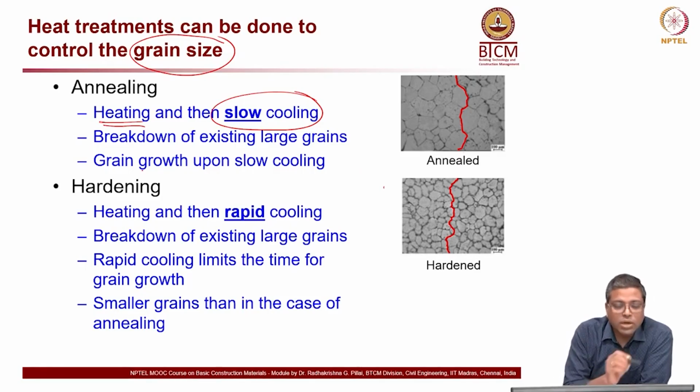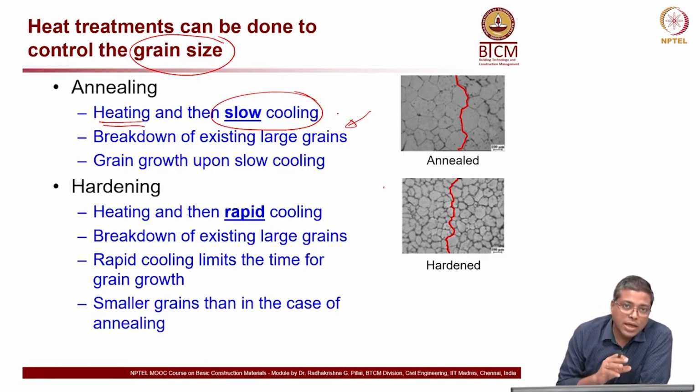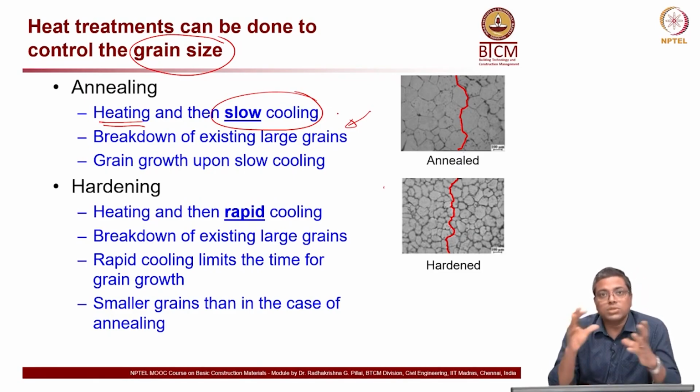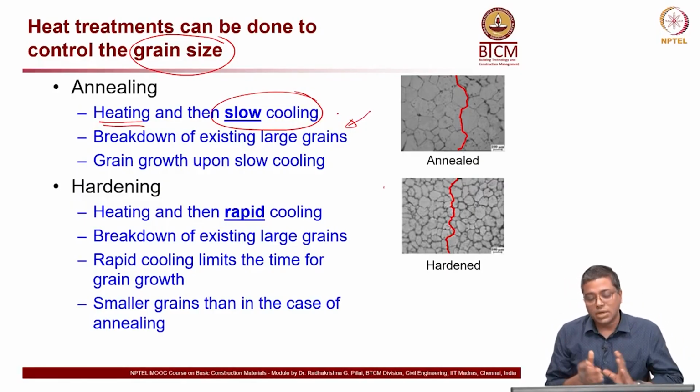Anyway, let us look at annealing first. You have heating and then slow cooling. What happens in this process is, when you heat the material, the large grains which are present tend to break down, and then as it progresses, it allows a little bit of grain growth, meaning a new set of grains are formed, which could be larger in size.